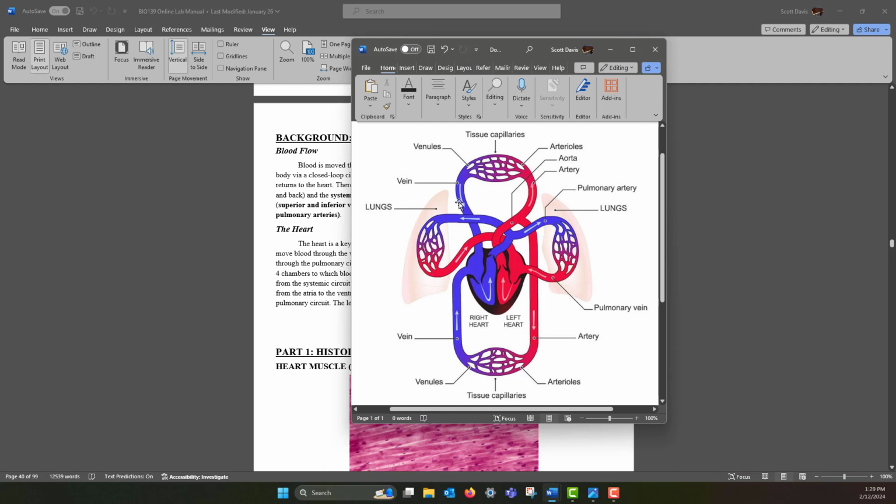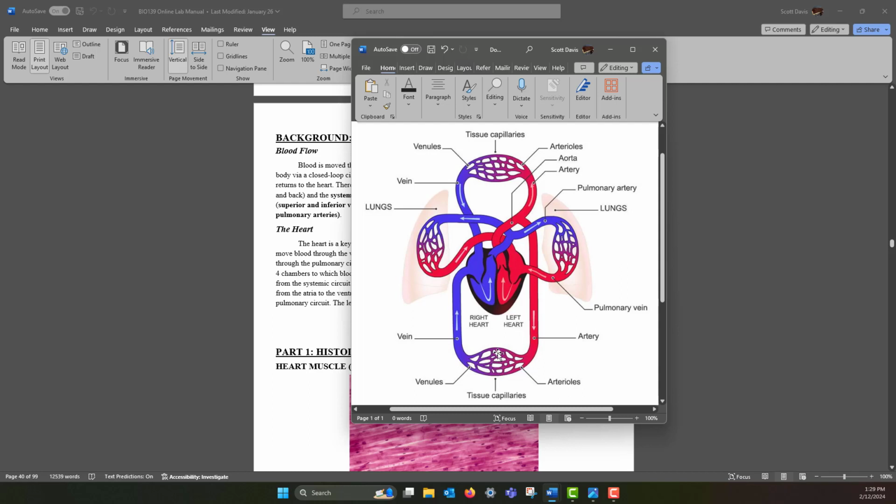In this image, the blue represents blood that is low in oxygen, or deoxygenated blood, and the red represents blood that is high in oxygen, or oxygenated blood. Where it's purple, it's showing us where blood is flipping from one to the other.